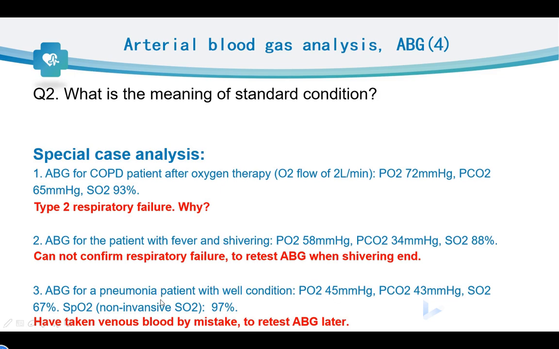But this patient is in a stable condition with no dyspnea, which means there must be something wrong with this test. So in this condition, we can conclude that this patient may have had venous blood taken by mistake. But we need to retest the ABG later to confirm our conclusion.